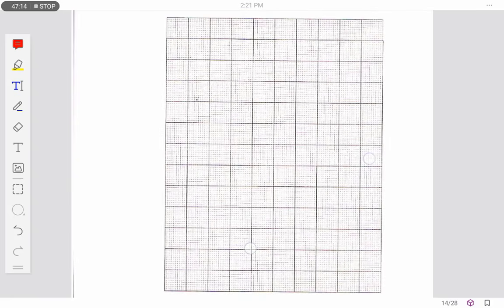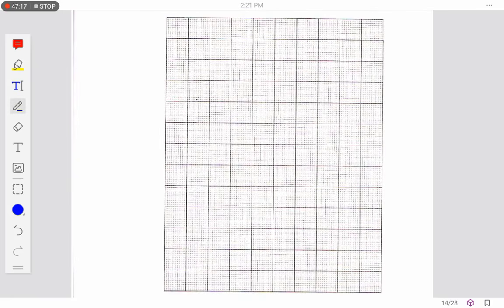Let me just put it up to here. This is my X-axis. It's not coming out straight. And then my Y-axis, I can also take it at the center.